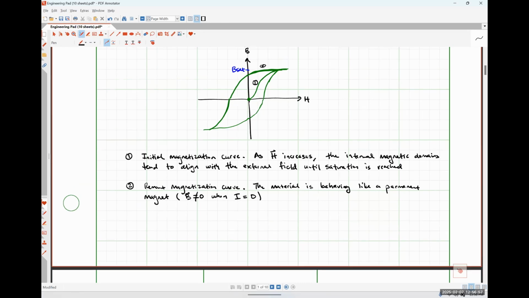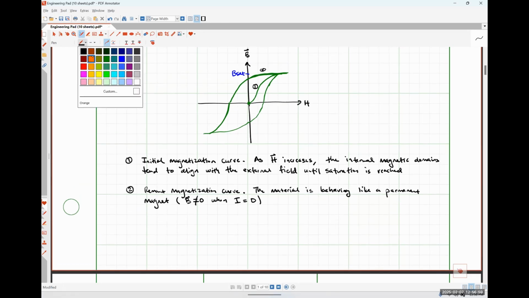So this part of the curve here that I'm going to call 3. So now we're in the second quadrant. So what we're doing is we're applying a negative H field or a negative current in order to get rid of that remnant magnetization. Okay.